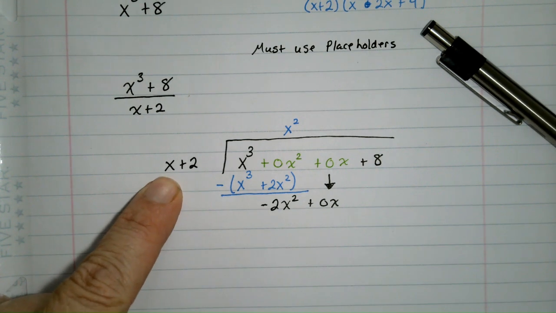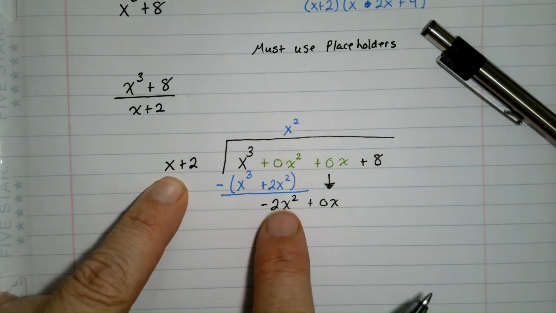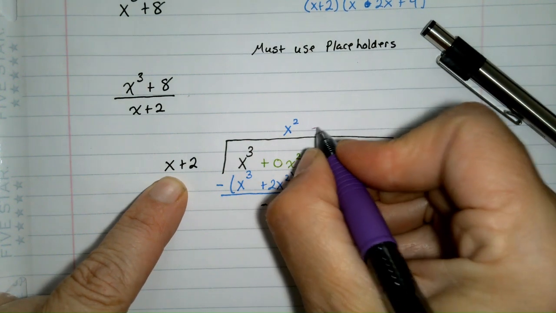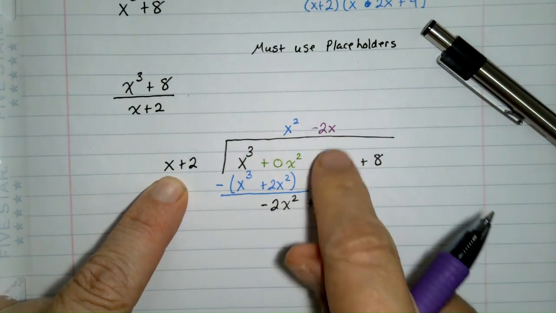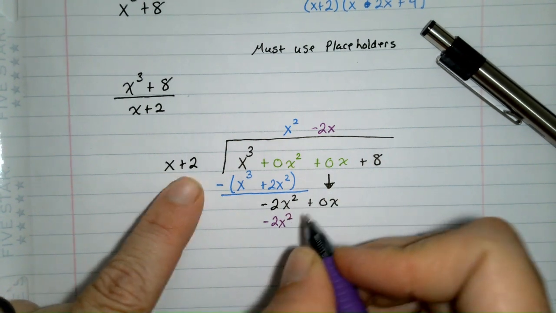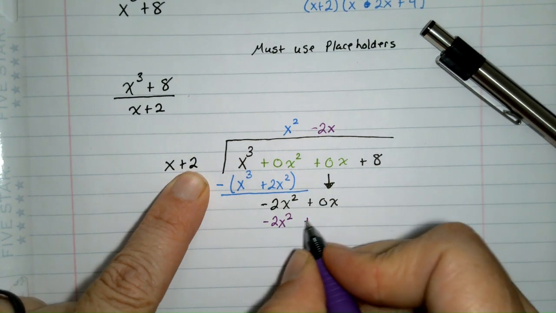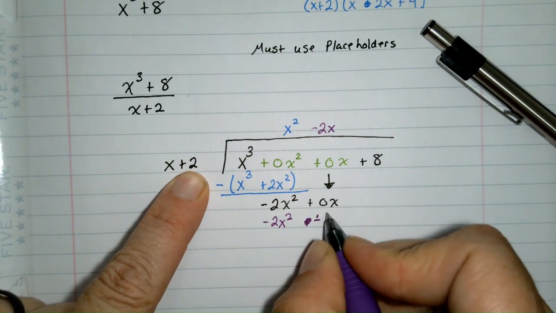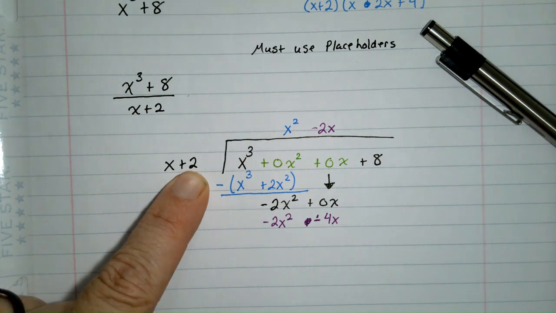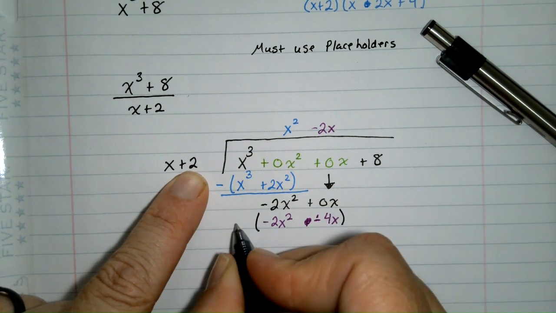All right. Trying to go from x to negative 2x squared. So I've got to multiply by a negative 2, and I need one more x. Negative 2x times x is negative 2x squared. Negative 2x times positive 2 is negative 4x. Ooh, I almost had a sign error there. We're going to subtract.